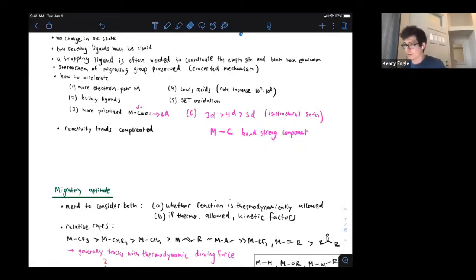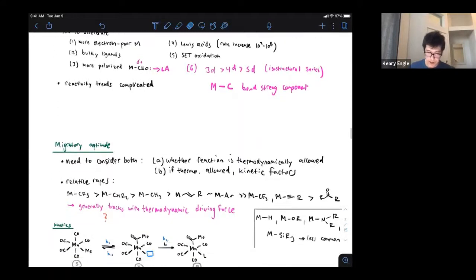The overall upshot is that this is somewhat complex, and that the reactivity trends reflect both kinetic and thermodynamic factors. And part of the reason that both are reflected, even when you're just focusing on rates, is precisely that you have this ground state stabilization or destabilization.